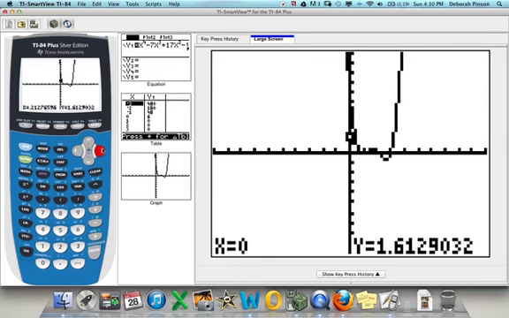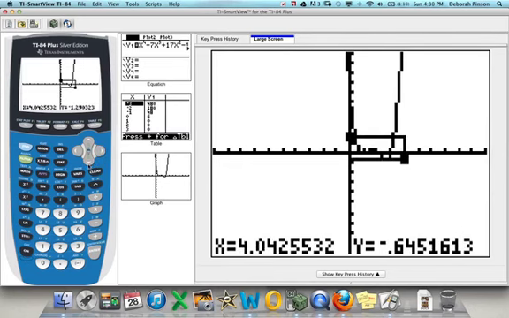So I'm going to make a box just around the part I want to see. I don't really care about all that up there. I only care about that right there.